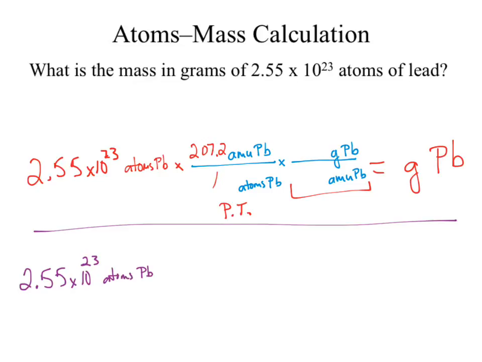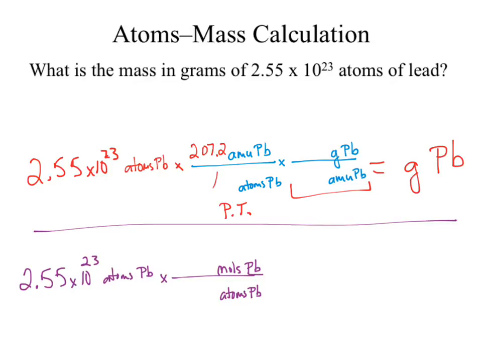Instead of converting our atoms of lead into AMUs, can we convert our atoms of lead into anything else? Moles. So it's interesting. Our very first calculation was to do what? Convert to moles. What did I say you should do as a first step for all these problems? Convert to moles. I wonder why.